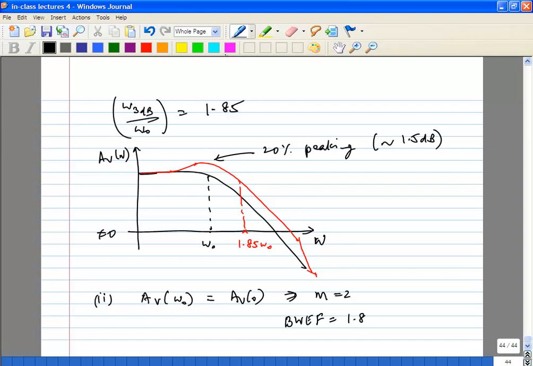What it will give you is, you are only putting the constraint that at omega naught it should be the same as DC. You will still observe a little bit of peaking after that, but much less, maybe 3% of peaking.